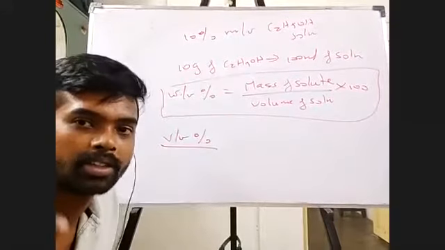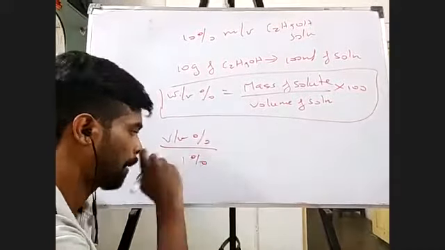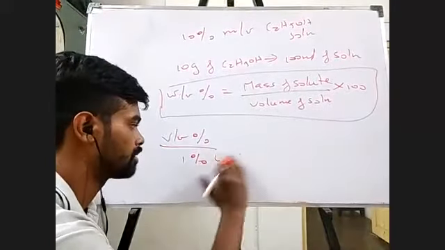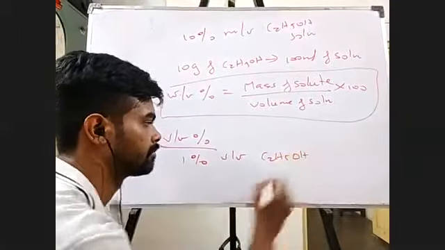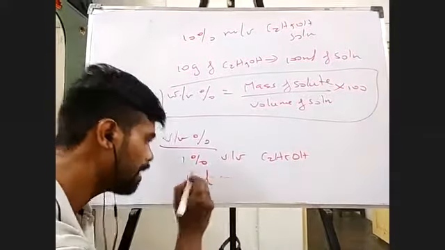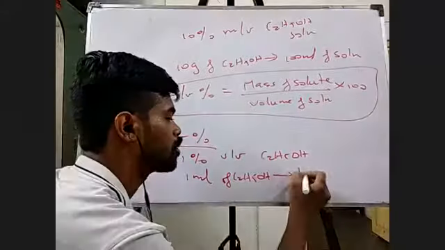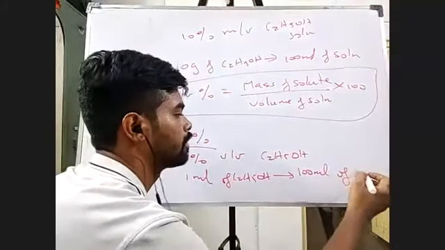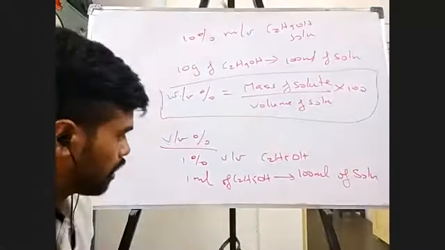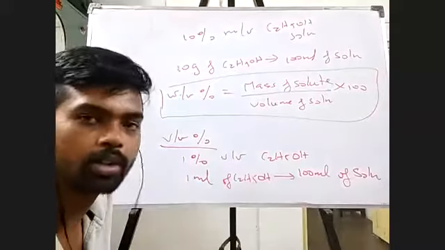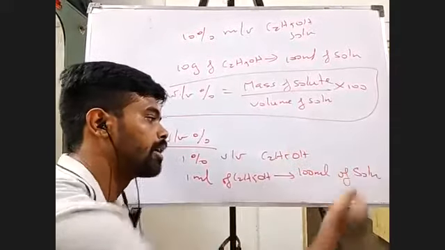Right? So again, I think it's very simple now. If I say 1% ethanol solution, 1% V by V ethanol solution, that means what? 1 ml of C2H5OH is dissolved in total 100 ml of the solution.